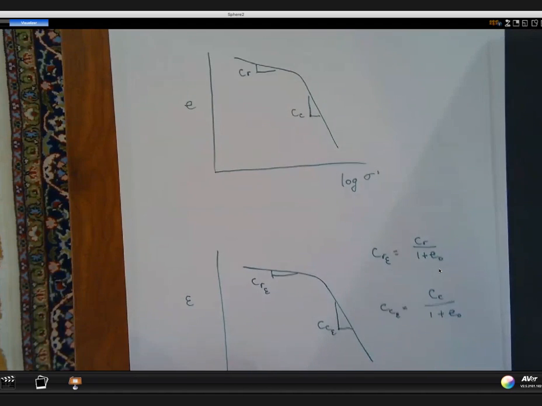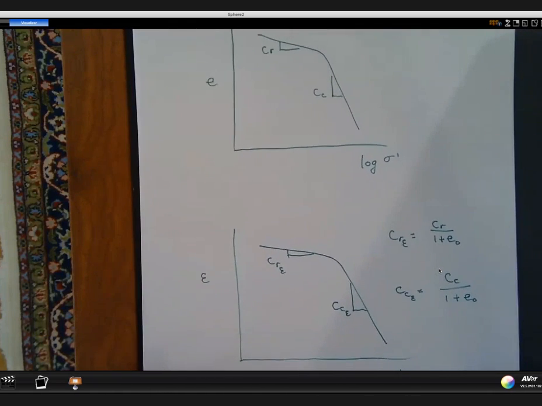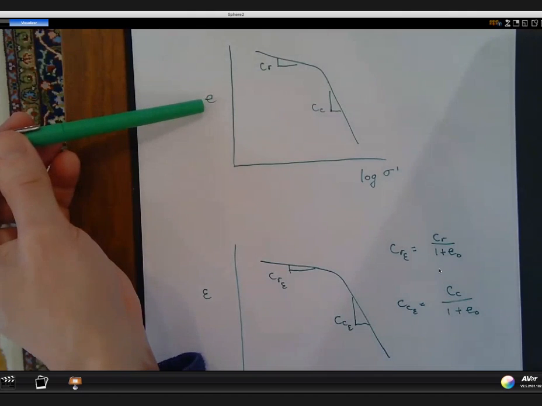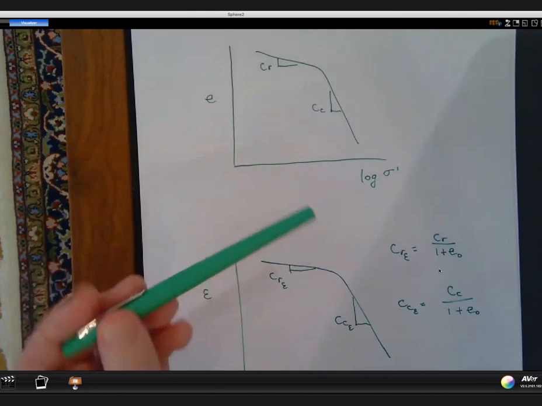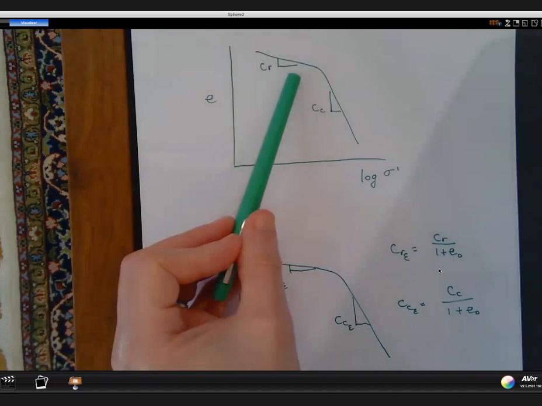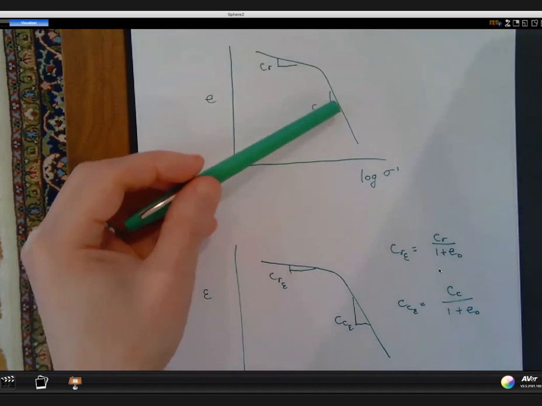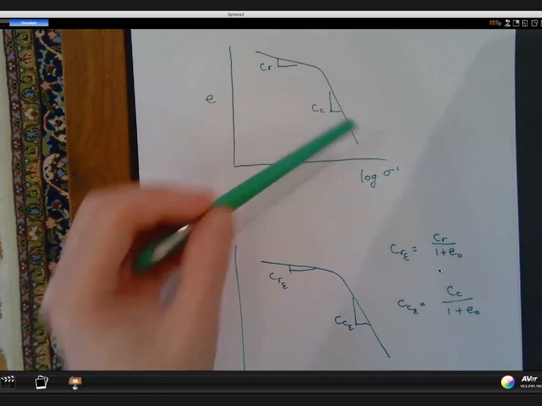And this brings in the conventional consolidation plot on top, a void ratio versus log of effective stress. And we have a knee of a curve, that'd be pre-consolidation stress. The shallow slope above it would be C sub R. The steep slope in the virgin portion of the curve would be C sub C.